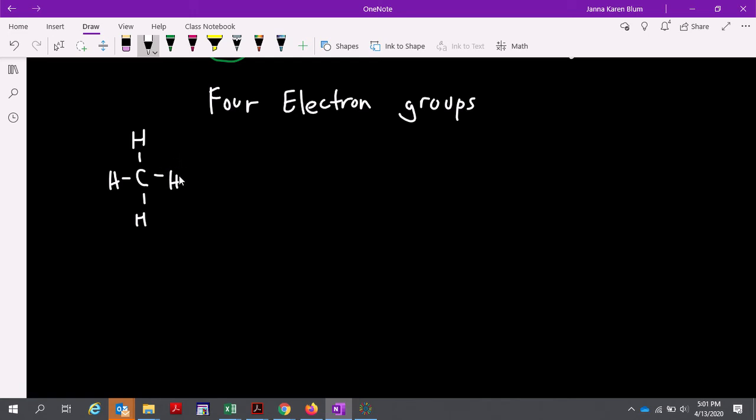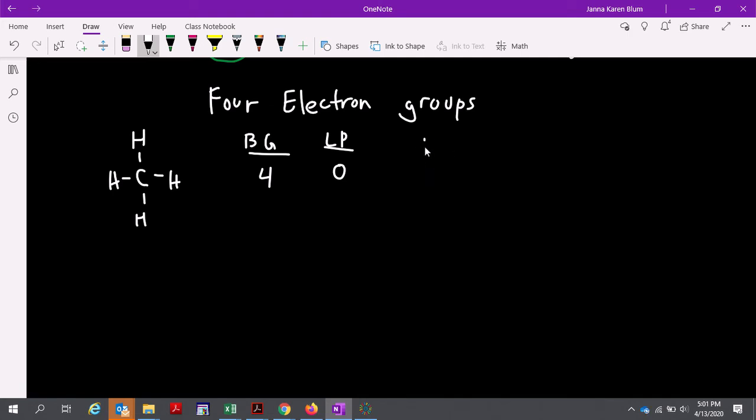And so this is a Lewis structure for methane, or CH4, and we can see pretty easily that methane has 4 bonding groups, no lone pairs, and this then forms the tetrahedral geometry.